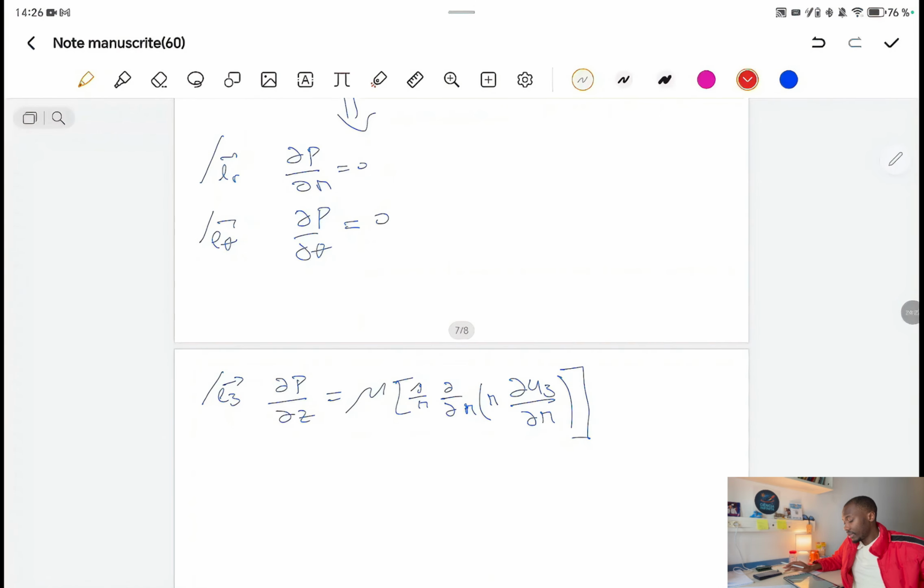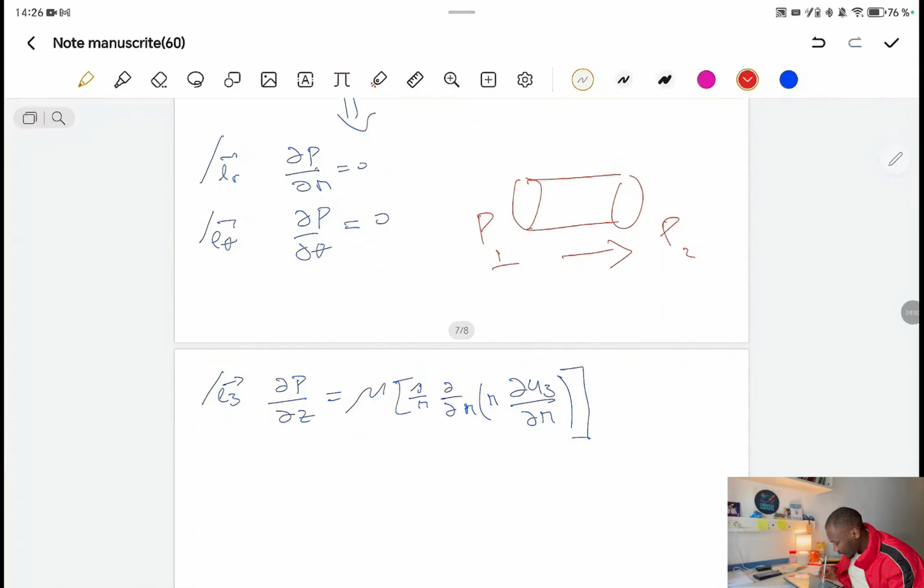As I showed you previously, the pressure is acting here and here, pressure 1 and pressure 2, in the z direction. That is 0, and that does not exist, it can be a constant, but that constant does not depend on r or z, it's just a normal constant. So we assume that p depends on z, and p1 is greater than p2, otherwise there's no flow in the pipe.